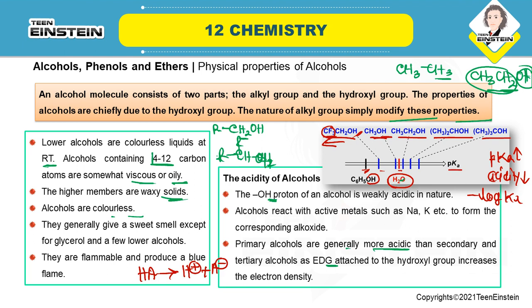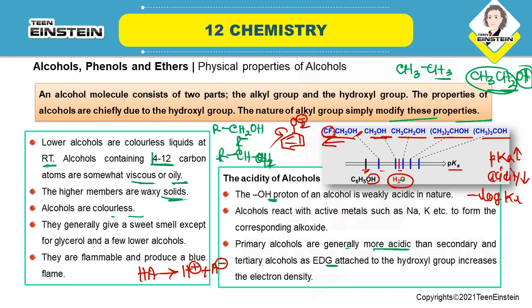Why is it so acidic? Because in phenol, if we remove the H, the conjugate base is the phenoxide ion, which is highly stabilized because it can take part in resonance with the double bonds of the benzene ring. That is why it is so acidic in nature.